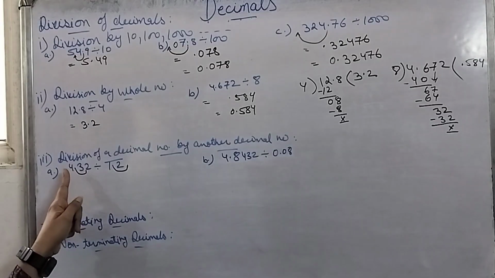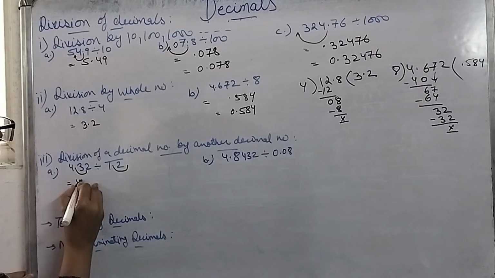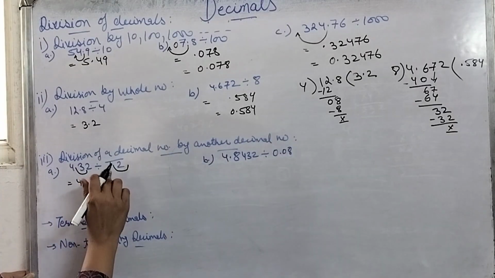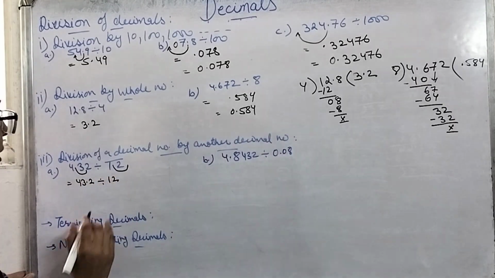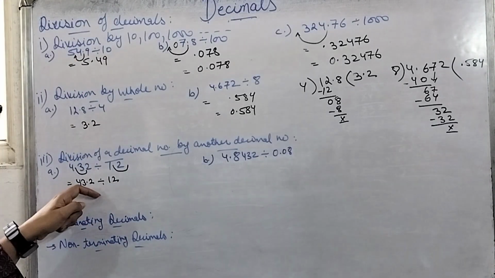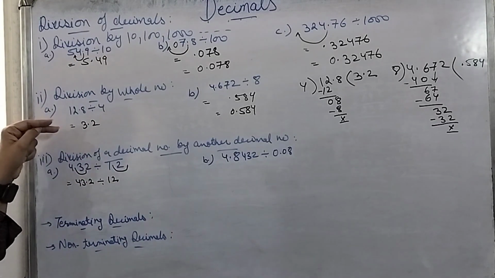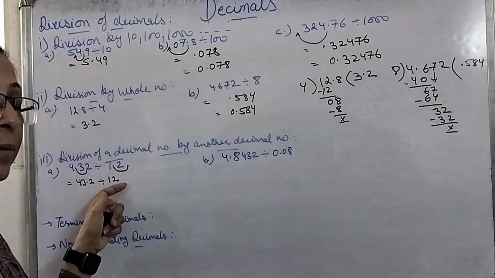So if we shift this decimal by one digit, this will become 43.2. And if we shift this decimal by one digit, this has become 12. So in the divisor, now we don't have decimal. So this division is similar to the previous division. So we can divide it easily now. 43.2 is to be divided by 12.